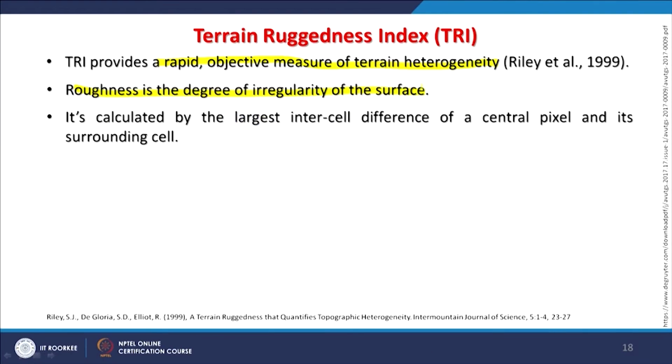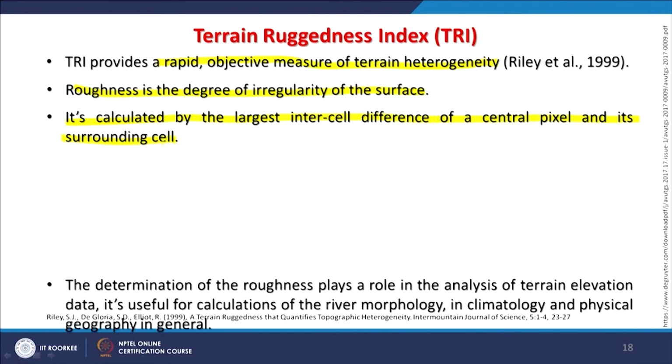Basically these are the micro terrain features which are useful in many analyses from soil erosion point of view, or from sediment transport point of view, or from mineral exploration point of view. So, this is calculated by the largest inter-cell difference of a center pixel or center cell with the surrounding cells.